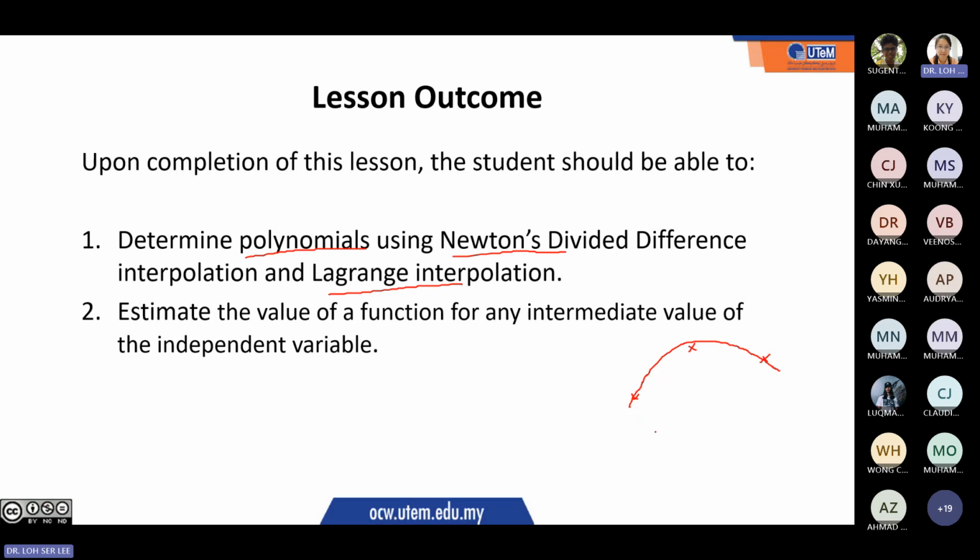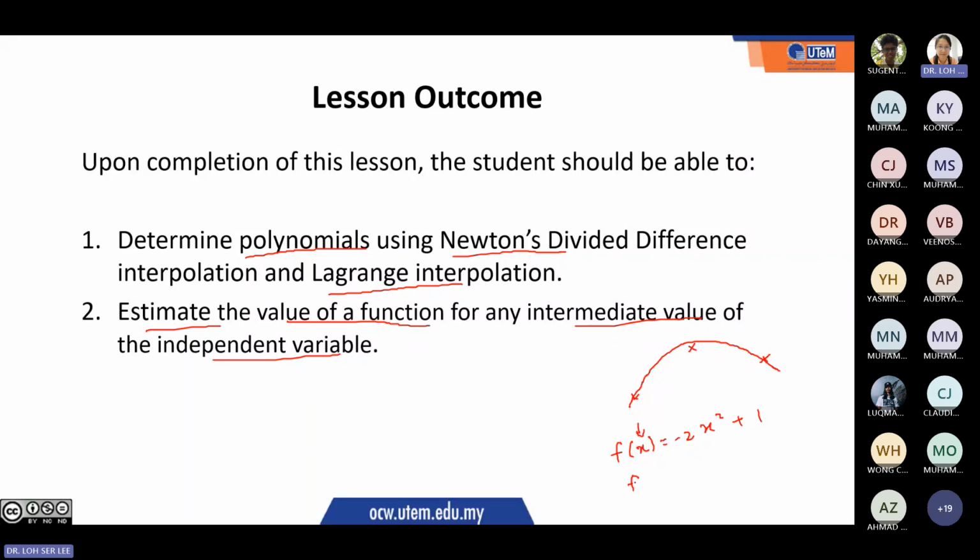Let's say the polynomial we estimate is negative 2x squared plus 1. Then we can estimate the value of the function for any value of the independent variable, referring to x. No matter what the value of x is, we can estimate the value.